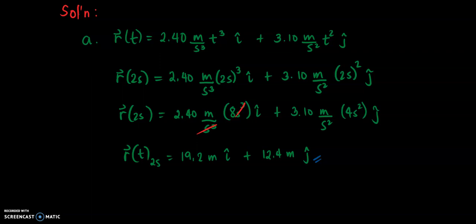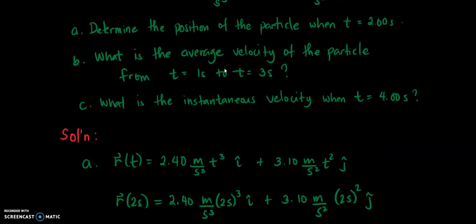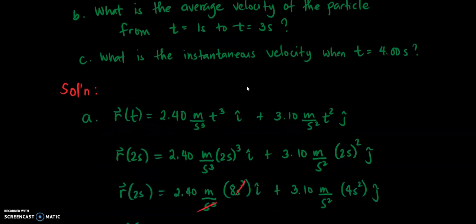Okay, then for the next problem, what is the average velocity of the particle from t equal to 1 second to t equal to 3 seconds?